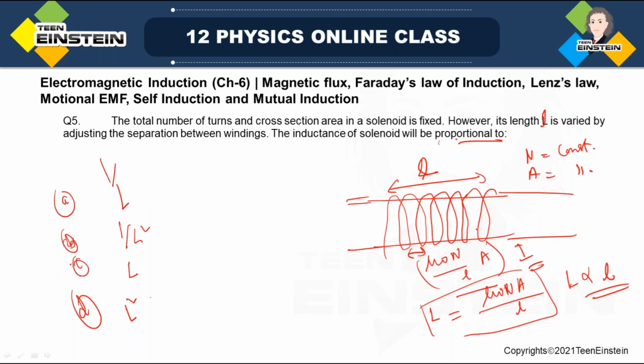So we can see this has magnetic flux. So the self inductance depends directly on the length of the solenoid.